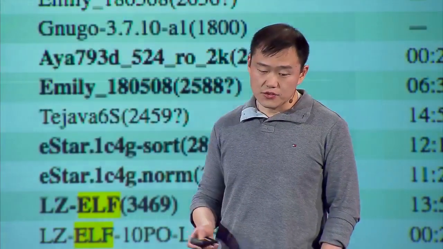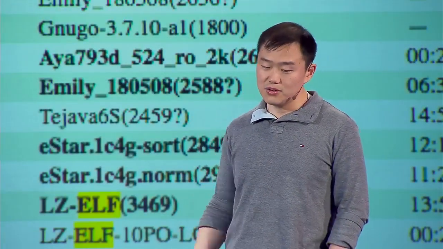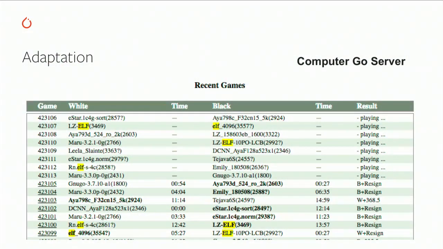Okay, we got a lot of attention from people after we released the model. On the computer Go server, a public Go server where everyone can put bots, we see a lot of bots with the name ELF, which means they already use our pre-trained model and try to check whether the model is strong or not.